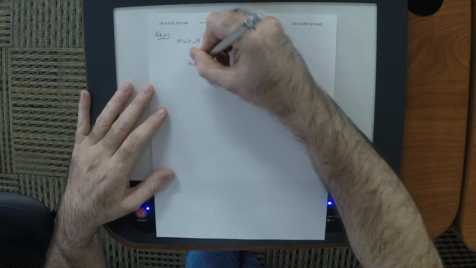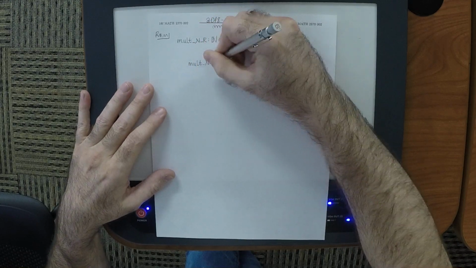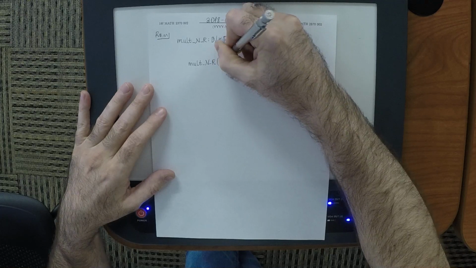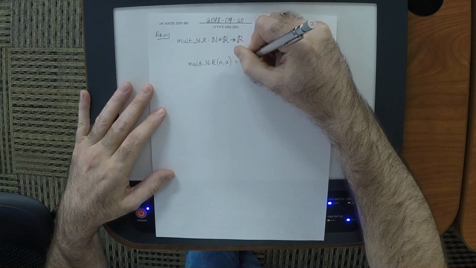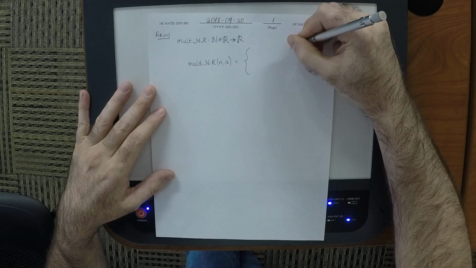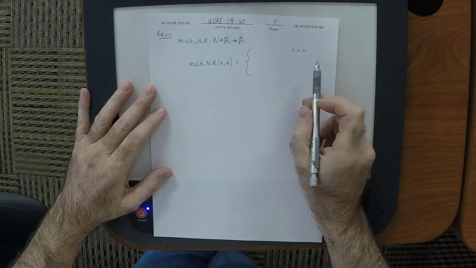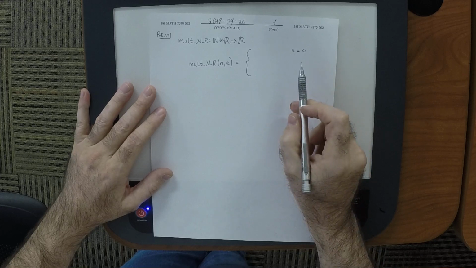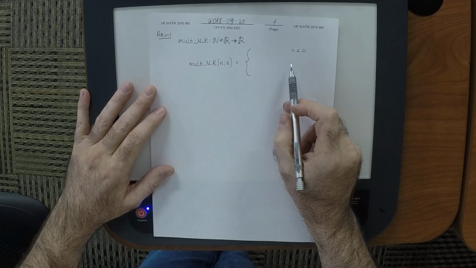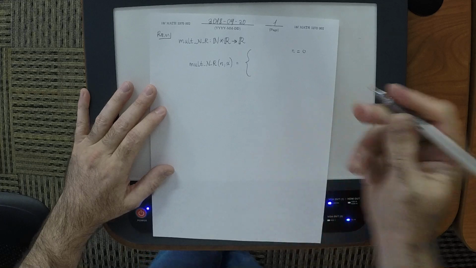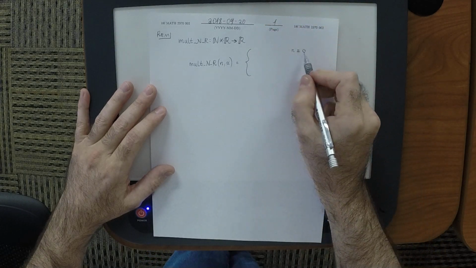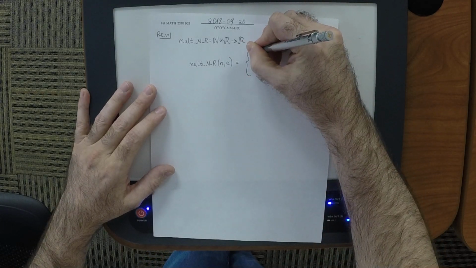So mult in R of n and x, its definition is, well, we've got 2 clauses. When we're at the least natural, we're asking about n multiplied by x. So in particular, that would be 0 multiplied by x. So the answer is 0.